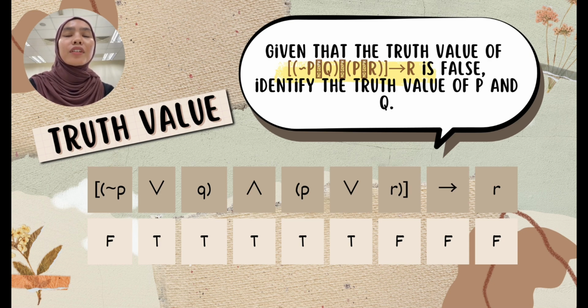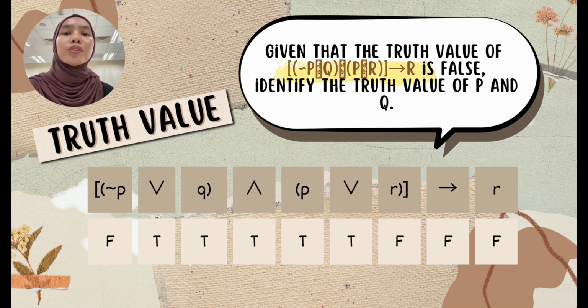Okay, back to the question, this statement is false. So I need to put false under implies, which is the conditional. To get false for conditional, true made false will become false. So I will put true under the square bracket equation, and R is false.